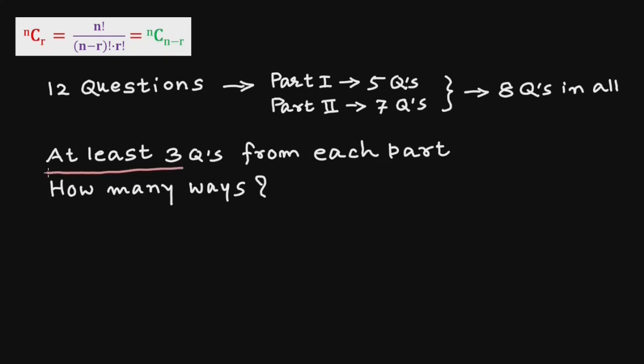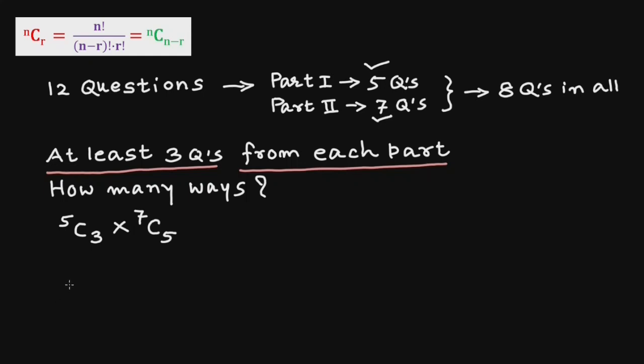At least 3 questions from each part suggests that first we have to select 3 questions from these 5 questions, and after having selected 3 questions the student can select 8 minus 3, that is 5 questions from the second part containing 7 questions.